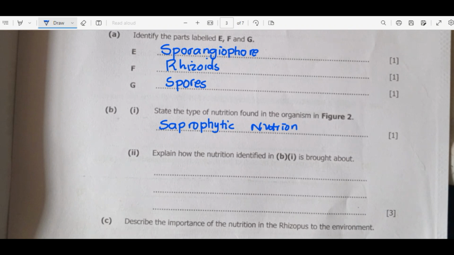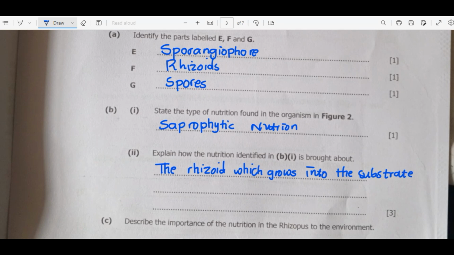Then Roman number 2: explain how the nutrition identified in B1 is brought about. So the first one, we'll say the rhizoid which grows into the substrate will secrete extracellular enzymes.